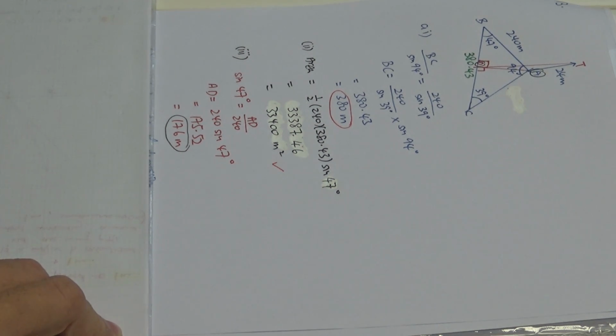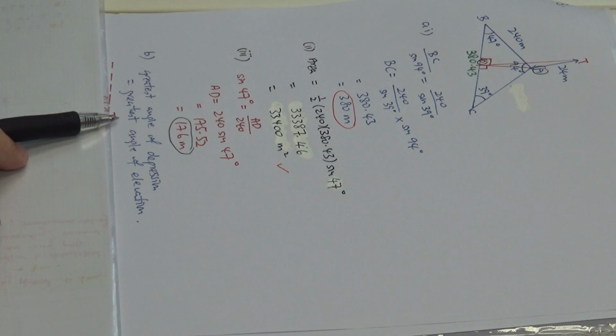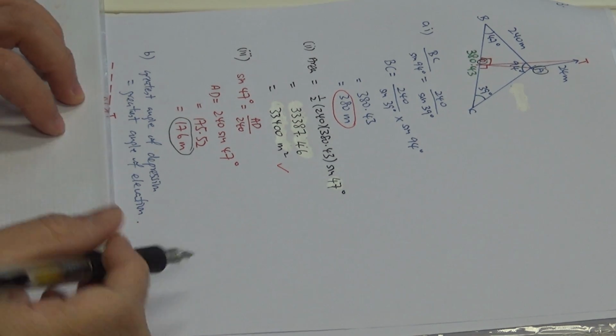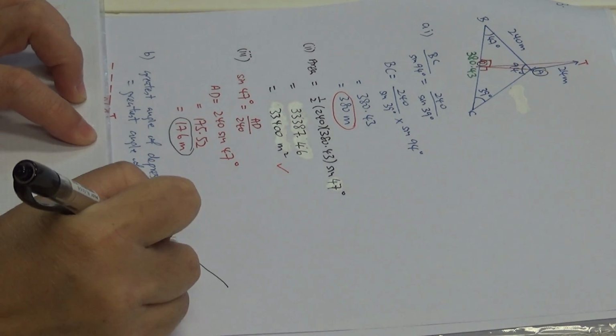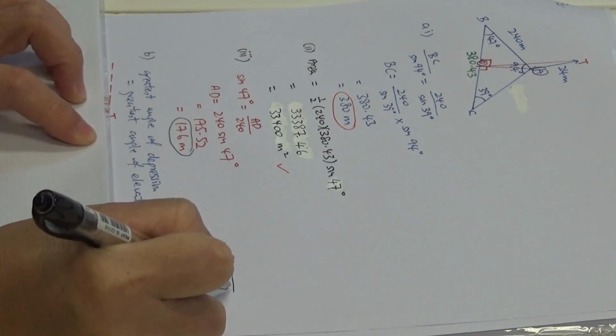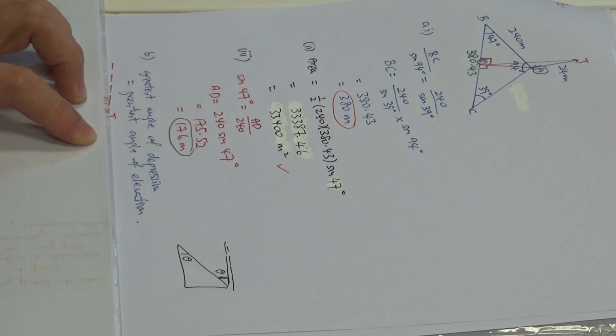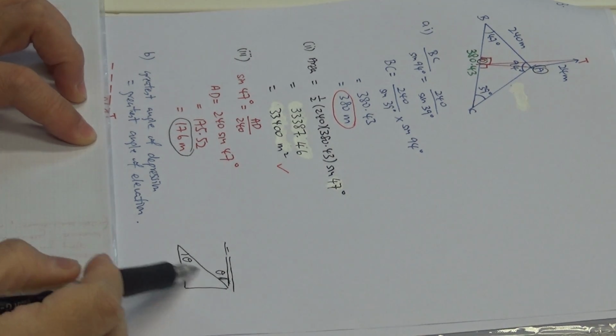Now, the last part. The boat at B sails in a straight line towards C. Find the greatest angle of depression of the boat from the top of the tree. Note that the greatest angle of depression will be equal to the greatest angle of elevation, because if this is the angle of depression, this will be the angle of elevation, and they actually are alternate angles.